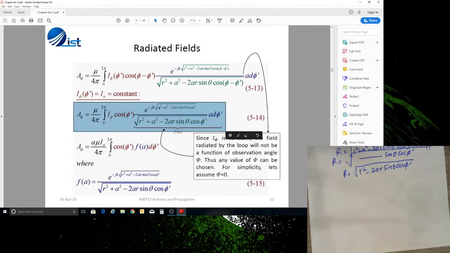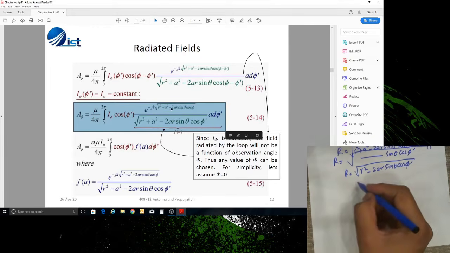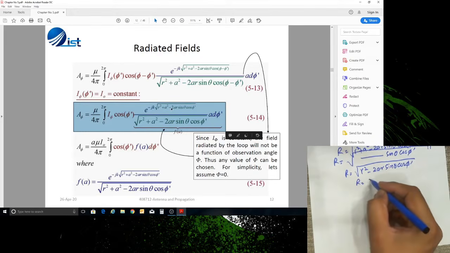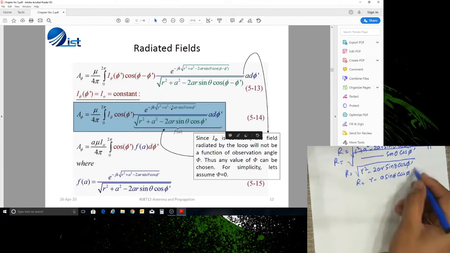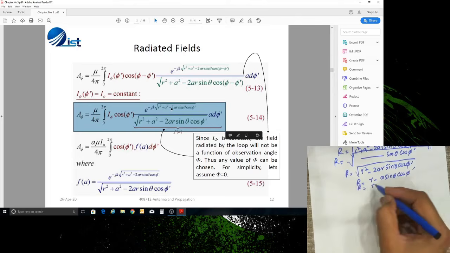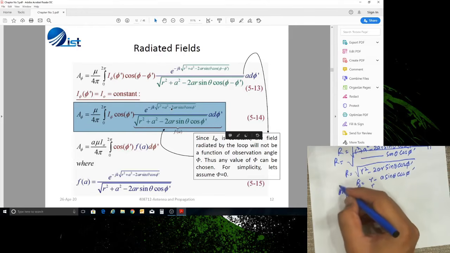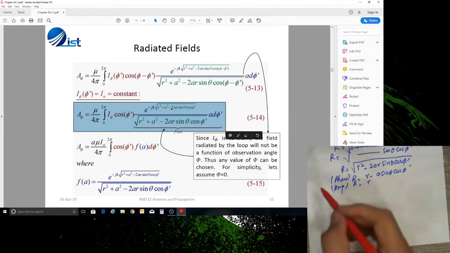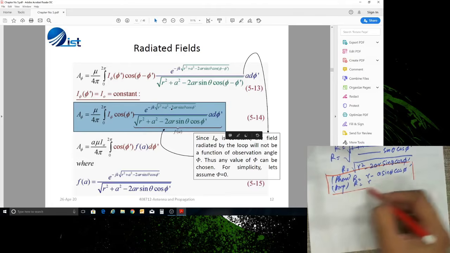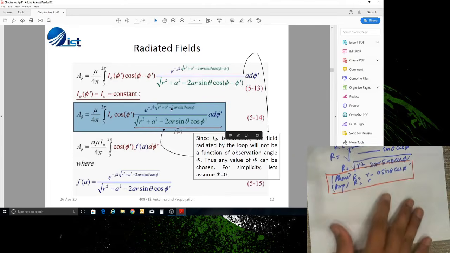So now we're going to substitute the new approximation for capital R, and that capital R is nothing else but r minus a sine theta cos phi prime, and capital R is small r. This is for amplitude and this is for phase. So we're going to use these two approximations in the auxiliary function A.